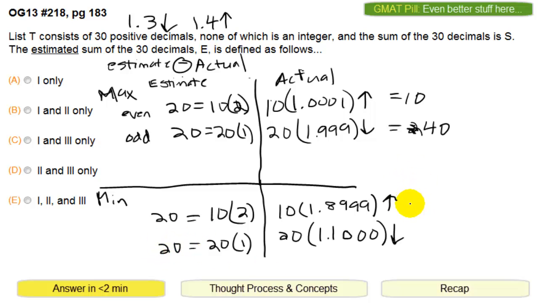In terms of actual, this is 1.899, effectively 1.9 times 10, which is 19. And then this effectively is 22. So this row is even, and this is odd.